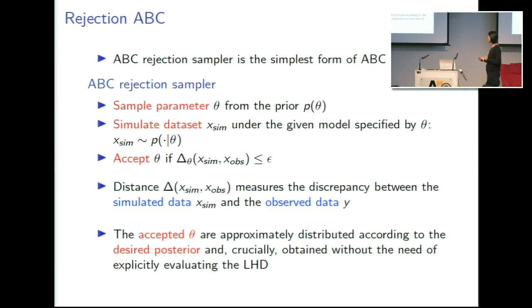Then we accept the value of the parameter if the distance between simulated data and the observed data is less than some epsilon threshold. And we can show that the accepted values of theta are asymptotically, as epsilon goes to 0, from the correct posterior distribution. The proof is actually 3 lines, but I'll skip it. But the intuition, I think, is very strong.